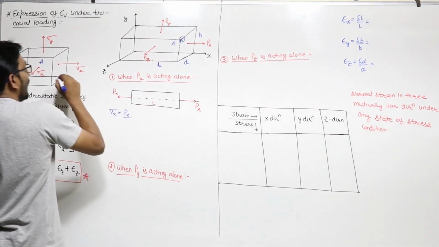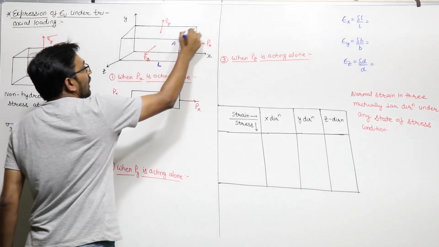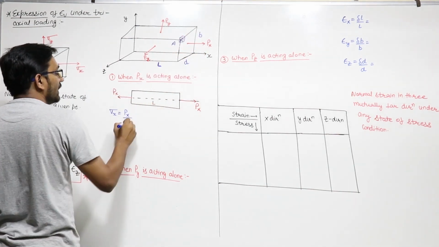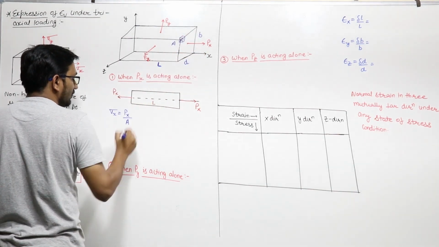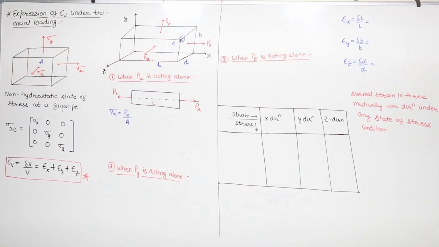And area of this cross section is your B into D, but I am writing only area. Area will be defined later on. Sigma x is equal to Px upon A.